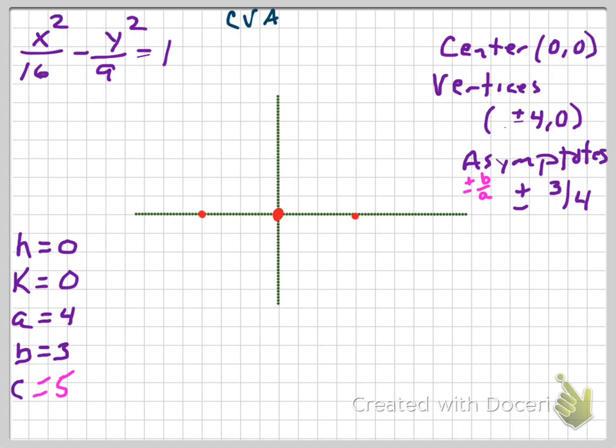That's the slopes. There's two slopes there: 3/4 and negative 3/4, plus or minus b over a using the horizontal.